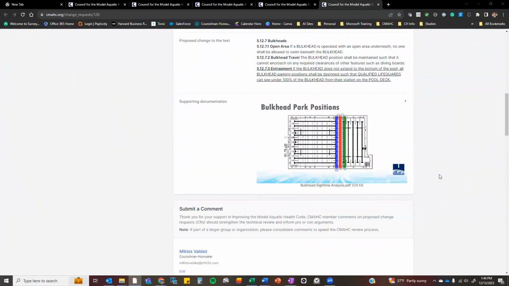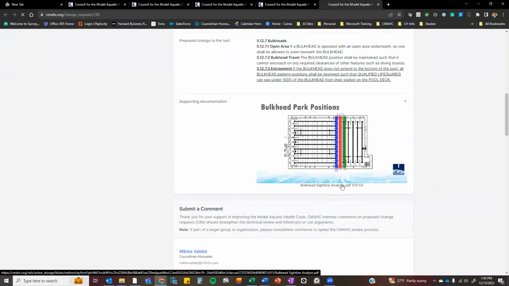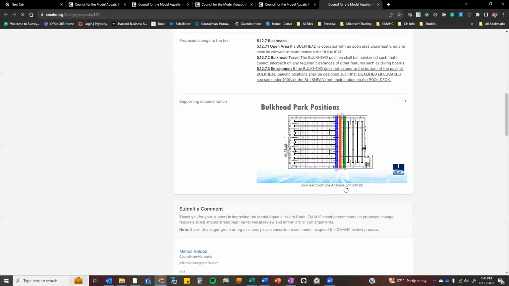It's another CR where I'm in agreement with the premise, but I have a little bit of concern over the actual text. There are a couple of points in there that I think need to be discussed. Lifeguards being able to see 100% underneath of the bulkhead from their station.